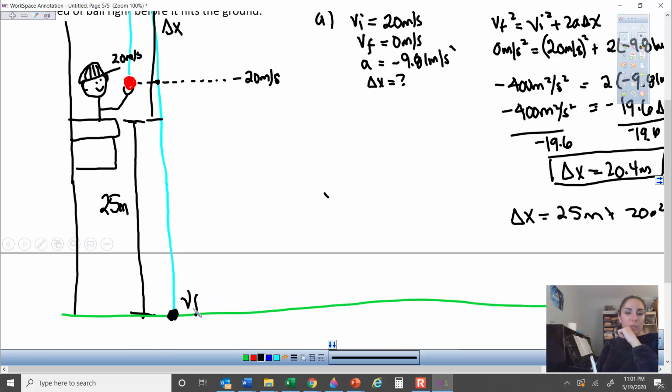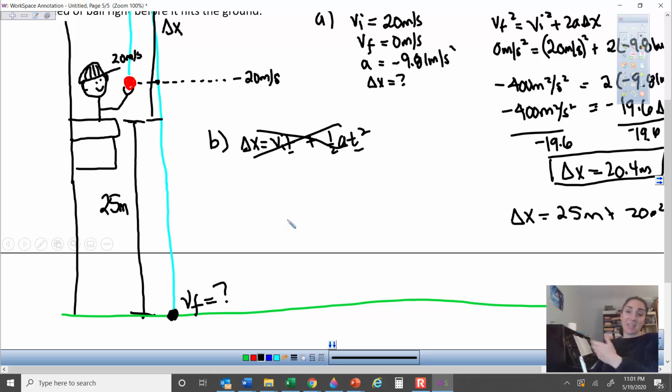We don't know VF. This makes things challenging because right now our choice to solve part B is to do the delta x equation, which we can do. But then I have to use the quadratic, because we're solving a quadratic equation. I'm perfectly capable of doing that.